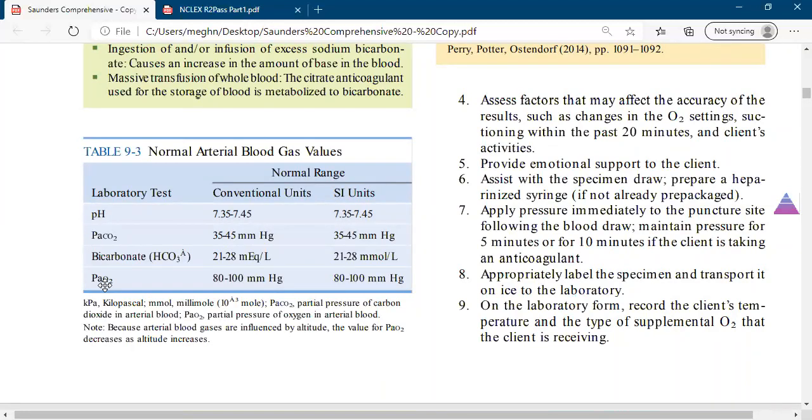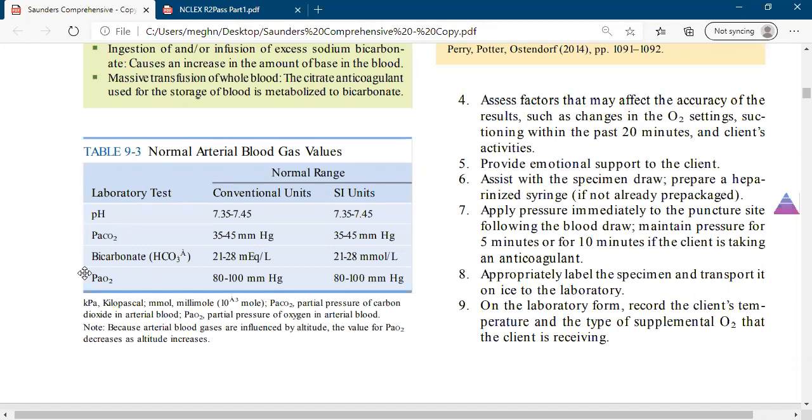The normal pH, as I said at the beginning, is 7.35 to 7.45. What is the normal partial pressure of carbon dioxide? 35 to 45 millimeters of mercury. The bicarbonate ion, shortly called HCO3, is normally 21 to 28, and the normal partial pressure of oxygen is 80 to 100 millimeters of mercury.